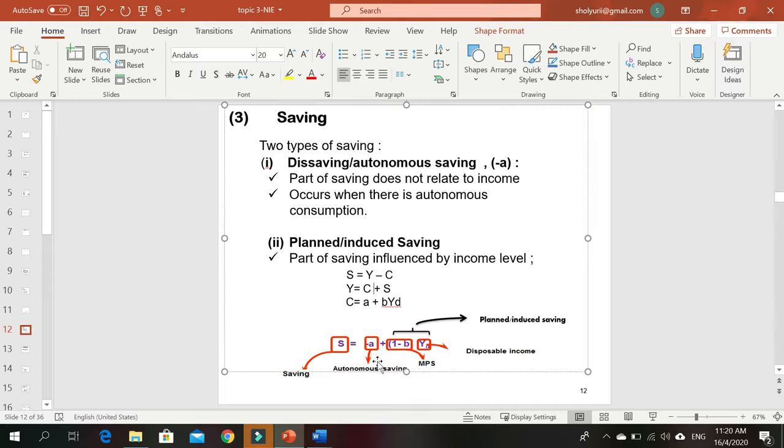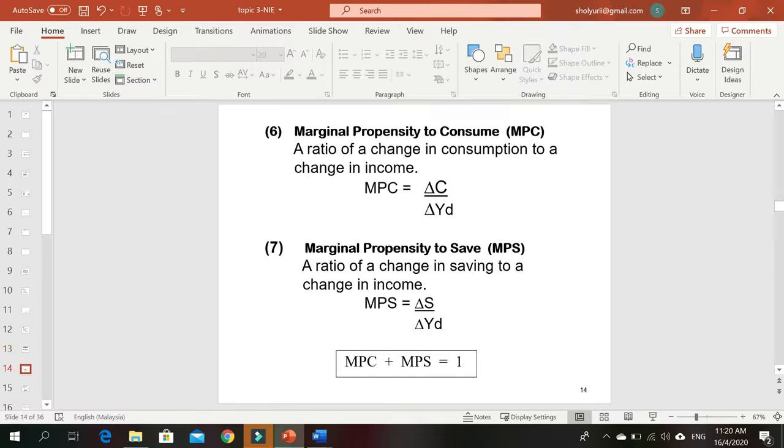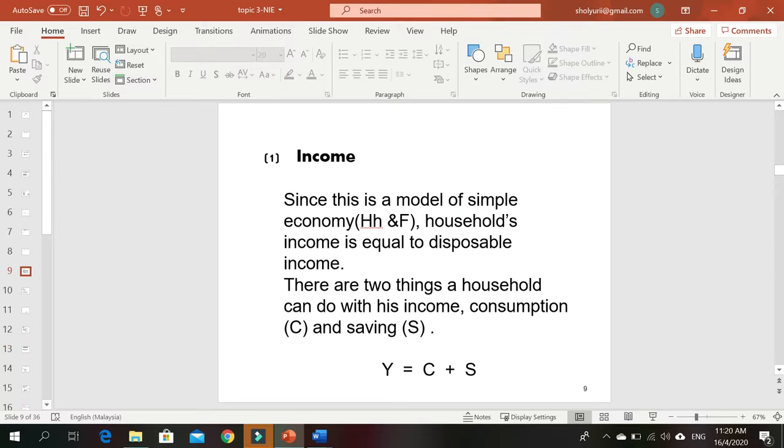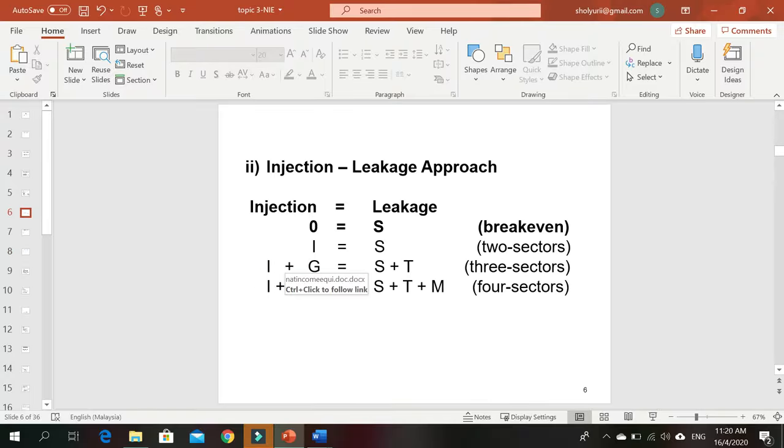So, nilai ni adalah terbalik nilai ni. Hopefully you nampak. Tak apa, kita buat latihan dulu. You'll be fine. Okay, 1 tolak B, negatif A. Okay. So, kita tengok dia punya consumption and saving schedule.